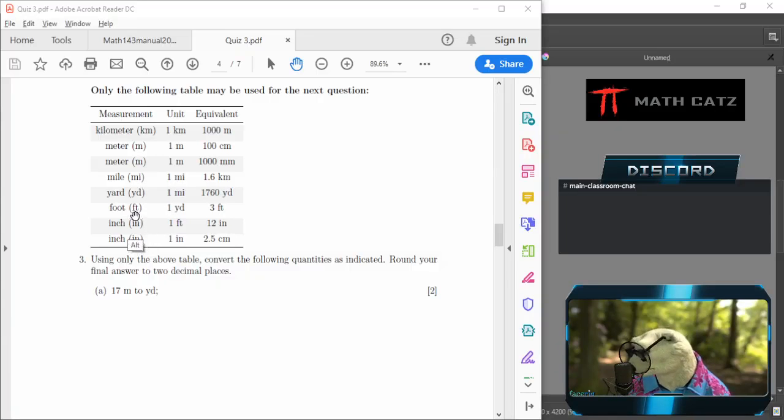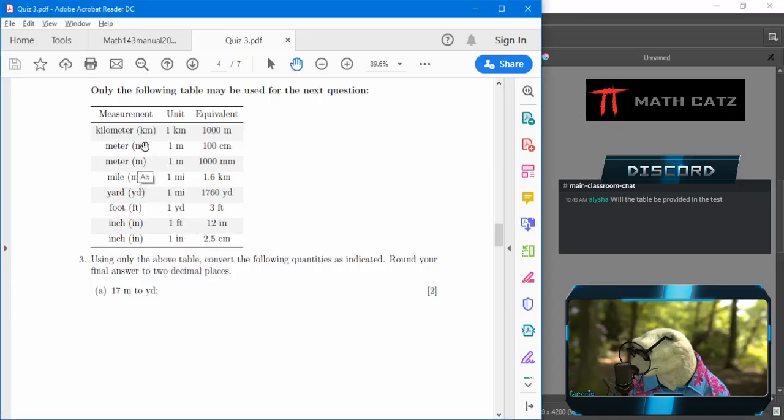From feet, what is the quickest path I can make, the shortest path rather, to get to meters. I can go by the centimeter route. So I can go feet to inches, inches to centimeters, centimeters to meters. That was feet to inches, one step, inches to centimeters, two steps, centimeters to meters, three steps.